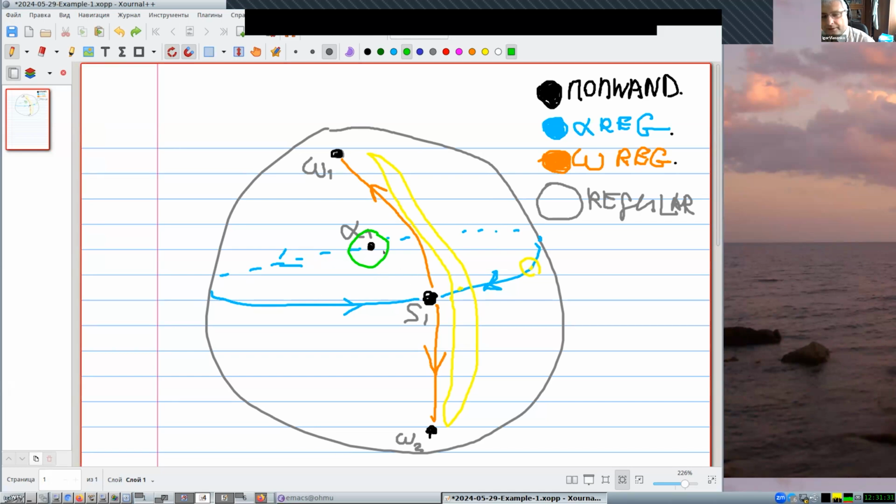If we take a sphere and throw away a saddle point and its separatrices, we have two connected components which are regular components.